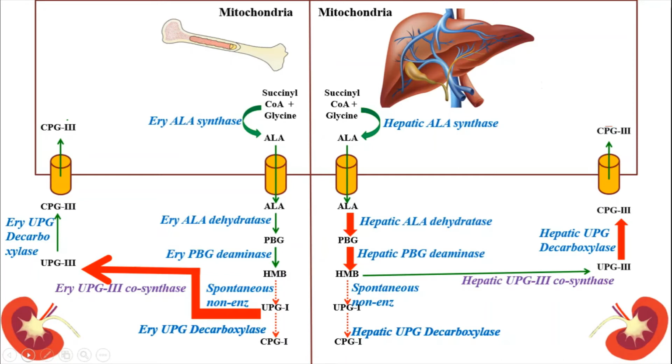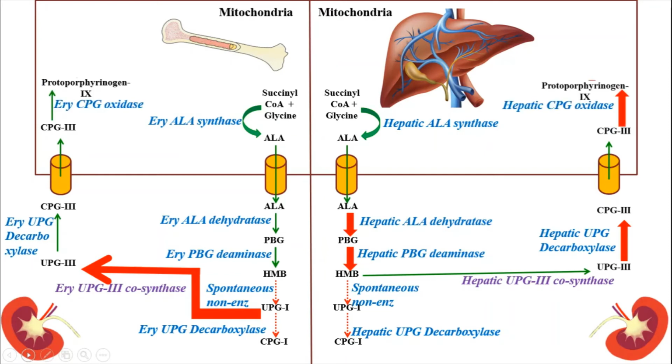Which product? CpG3. Here within mitochondria, with the help of CpG3 oxidase, both hepatic CpG3 oxidase in liver and erythropoietic CpG3 oxidase in bone marrow, they convert into protoporphyrinogen 9.